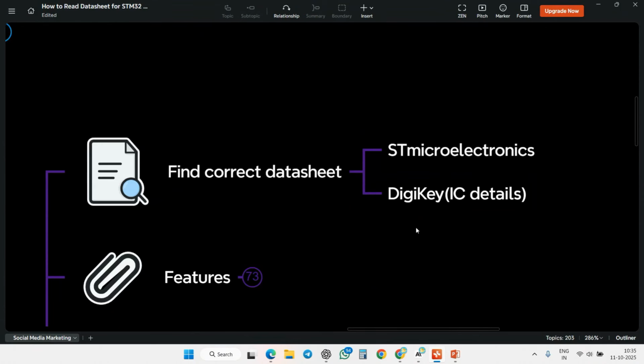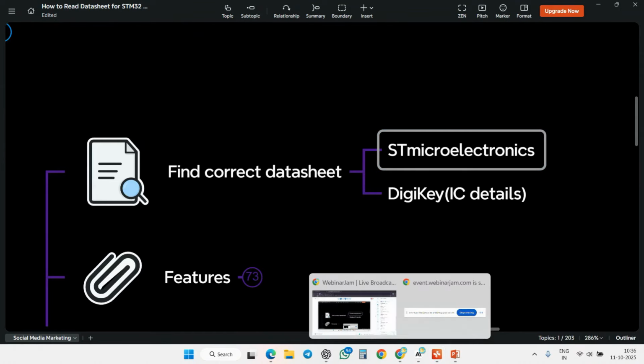DigiKey is the common website where you can get every data sheet, or you can go to the company that manufactured the microcontroller.